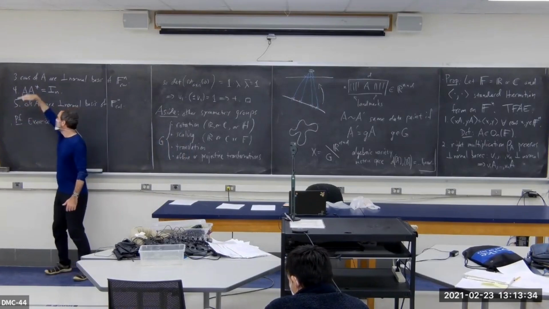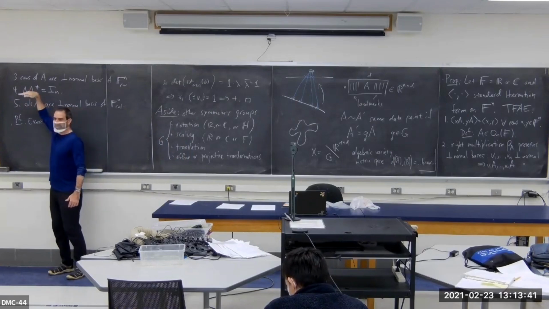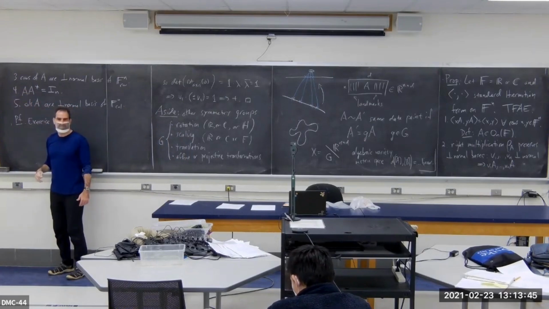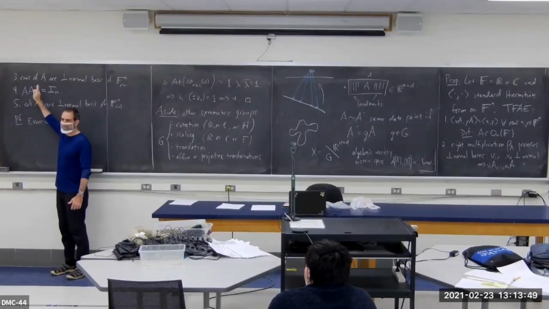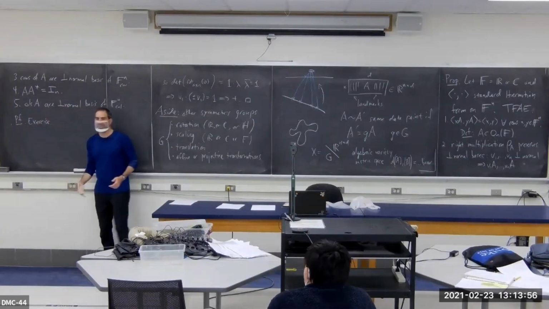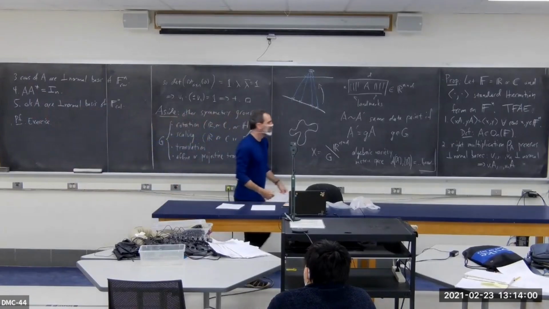Because if you take a row of A and a column of A star, that's the inner product of the corresponding row of A with the corresponding other row of A. Again, the product of the ith row of A and the jth column of A star is the inner product of the ith row of A and the jth row of A. And the same thing for 4 and 5. It's just interpreting matrix multiplication in the appropriate way.